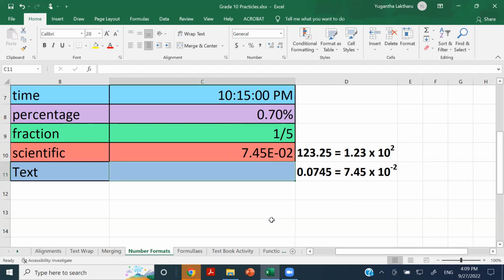And for the text number format, when you need to type a mobile phone number, right? Once you type a mobile phone number and press enter, your 0 is not going to stay. So if I want to maintain the first 0, the nature of it is like that.